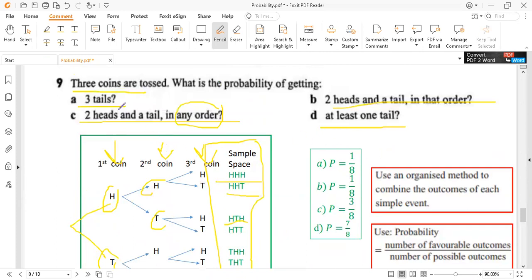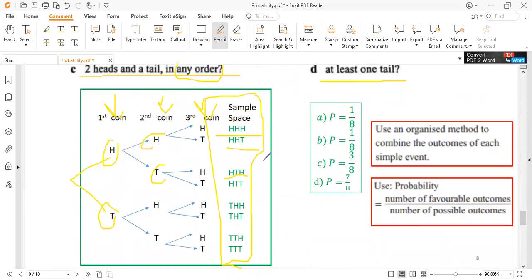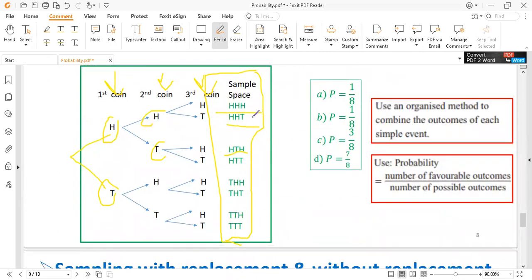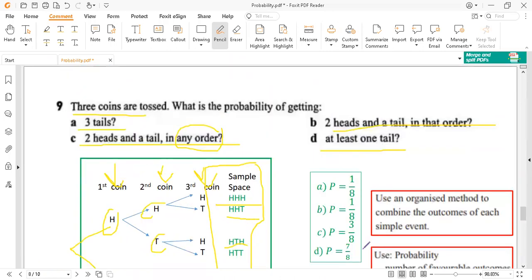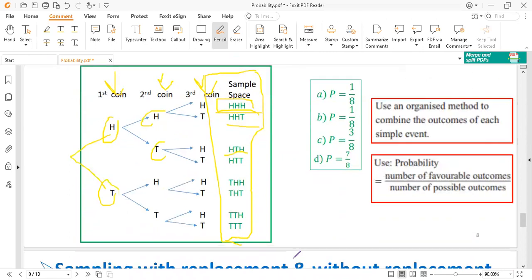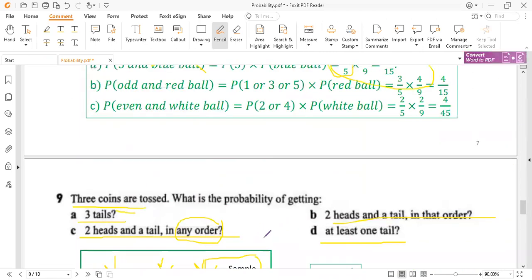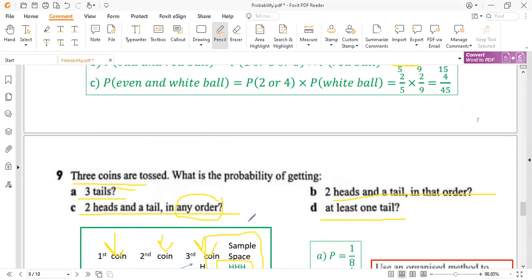So the number of possible outcomes is 8. For the first event, 3 tails occur once from the possible outcomes equal to 8, so 1 over 8.